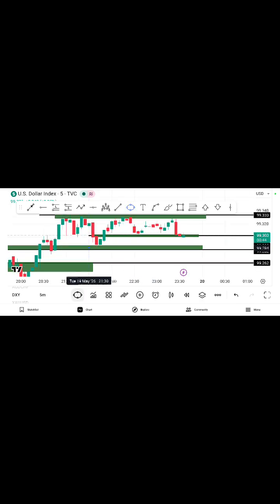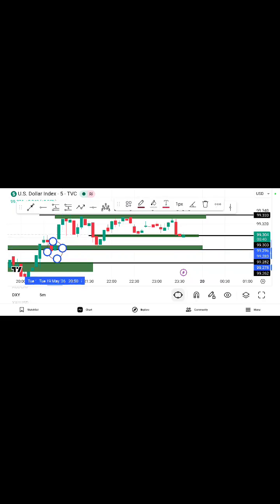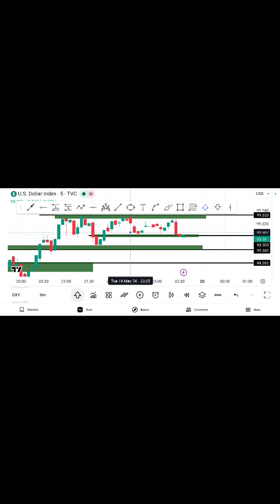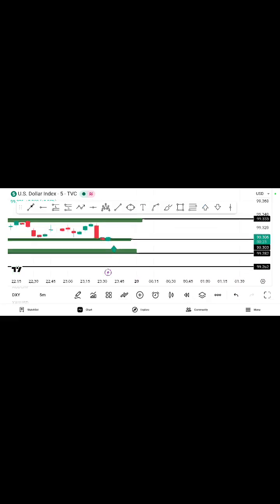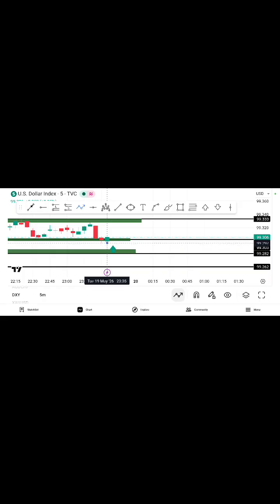So we have this touch, boom. We have the first touch, right? The second touch, because this is the 5 minute. If you entered here, it wouldn't be a problem to let the market come here and go there.